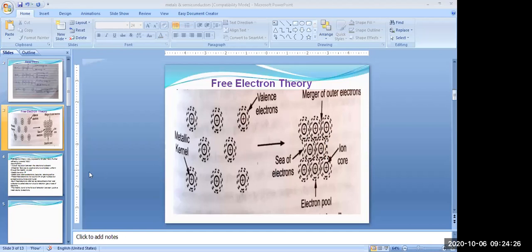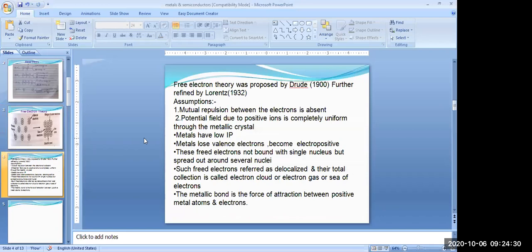Now, this free electron theory, the assumption that I have just discussed, was proposed by Drude in the year 1900, and further refined by Lorentz in the year 1932. Only two assumptions were given by this theory.